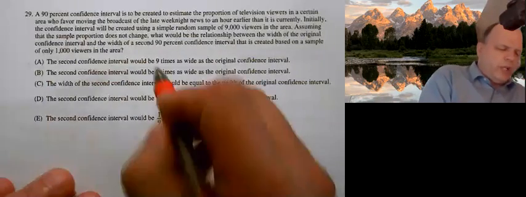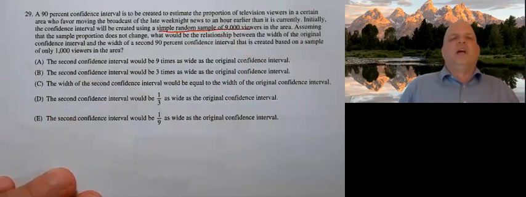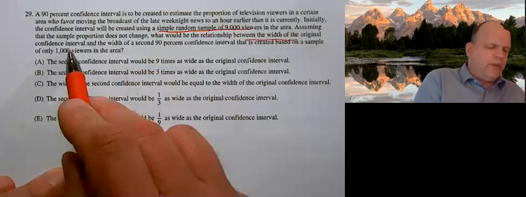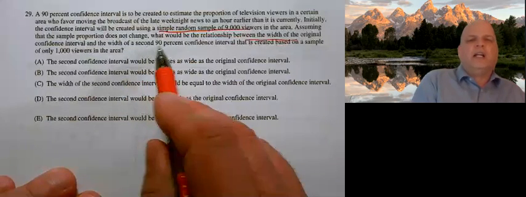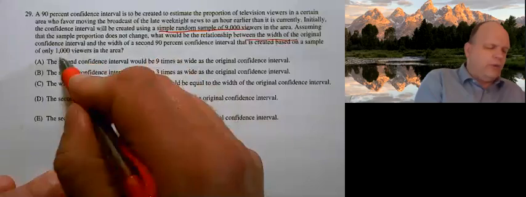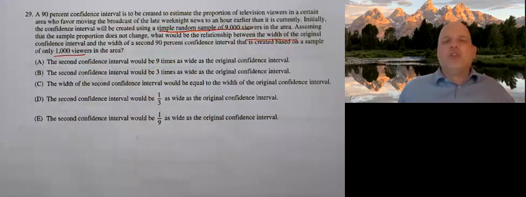Assuming that the sample proportion does not change, what would be the relationship between the width of the original confidence interval and the width of a second 90% confidence interval that is created based on a sample of only 1,000 viewers?